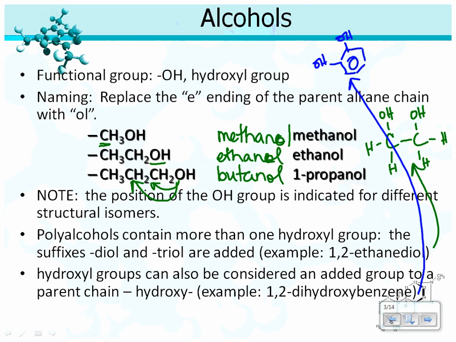So if we look at this molecule, you really can't name it another way. You have to take into account that there's a benzene ring in there. You could call it a phenol, but you still have to name the second OH group that's on there. So if you see an OH group and you can't name it as an alcohol, then you're allowed to use the hydroxy name instead.